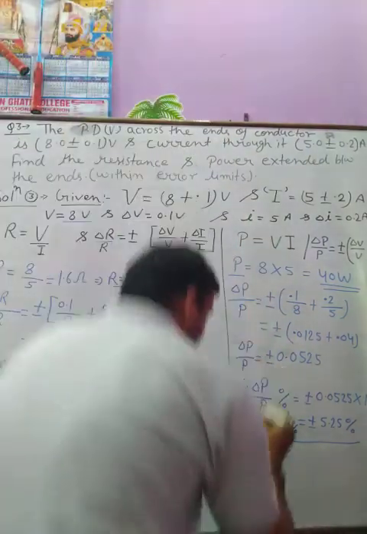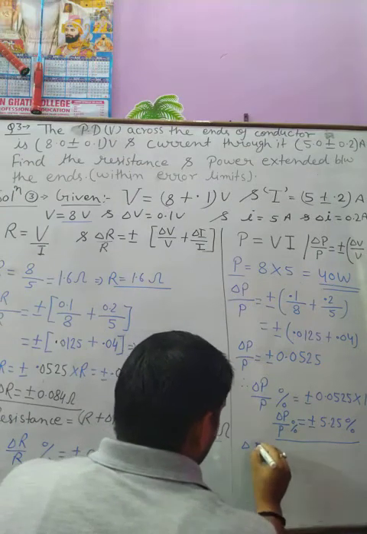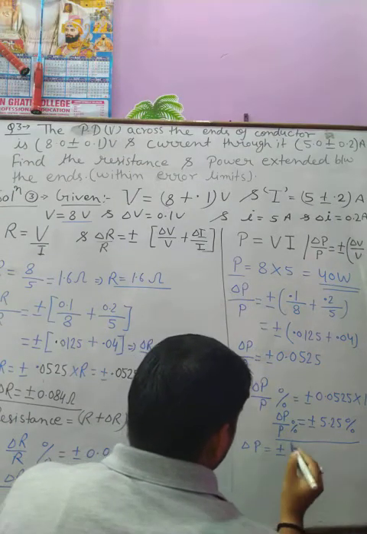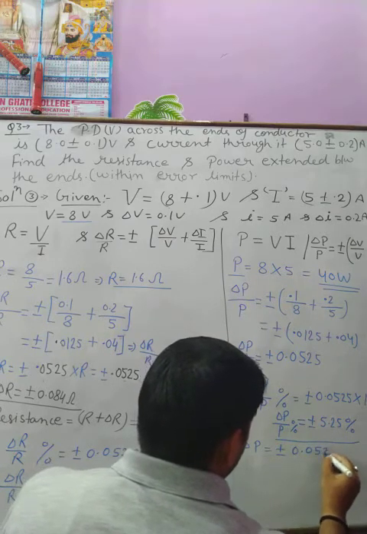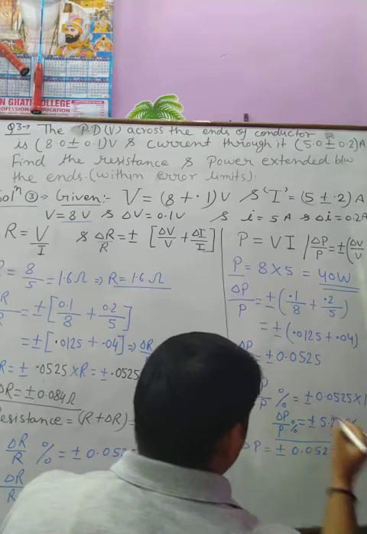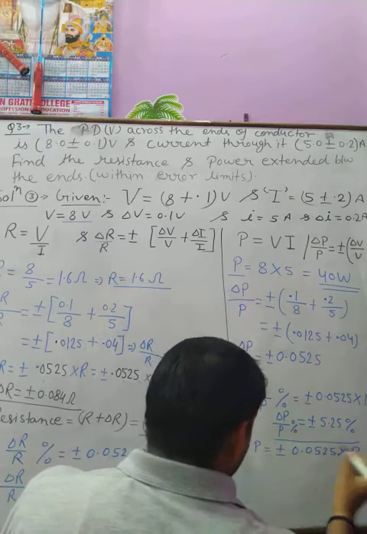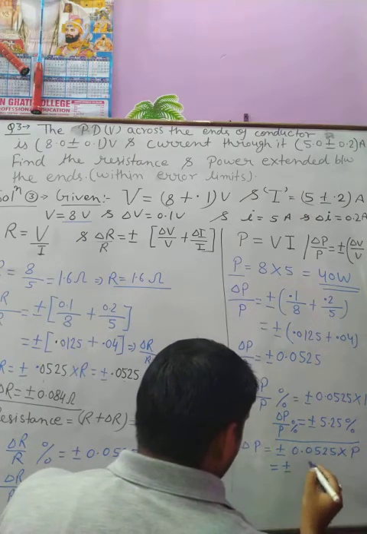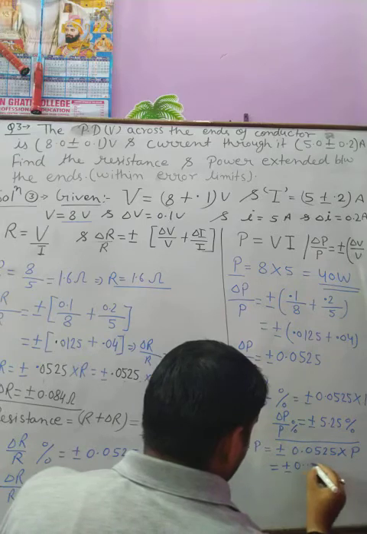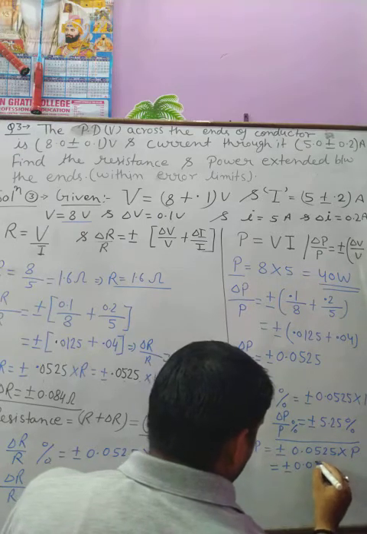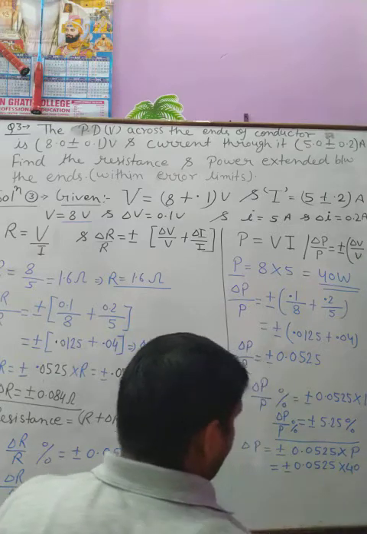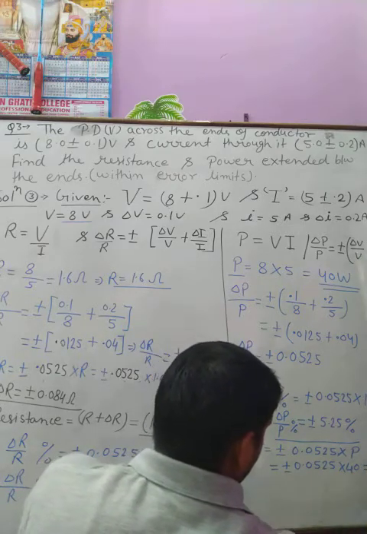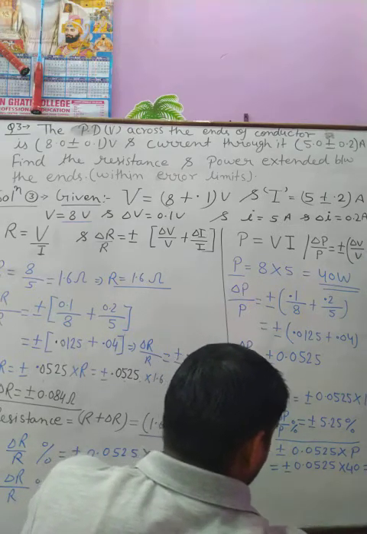Now del P is equal to plus minus 0.0525 into P, and this we have plus minus 0.0525 into 40.